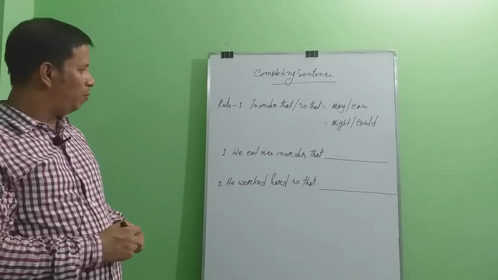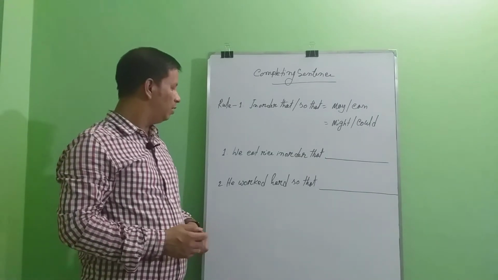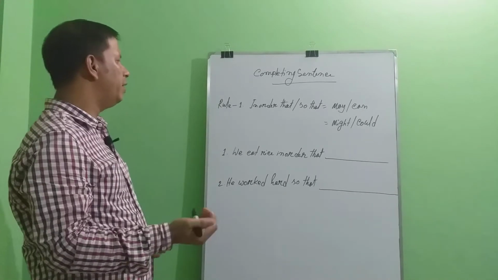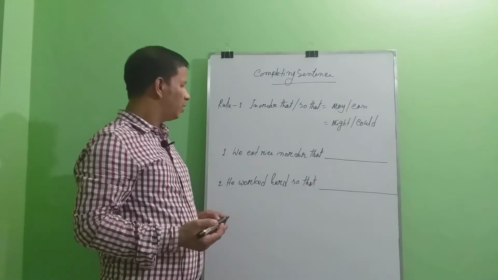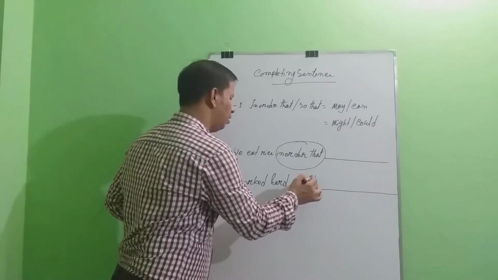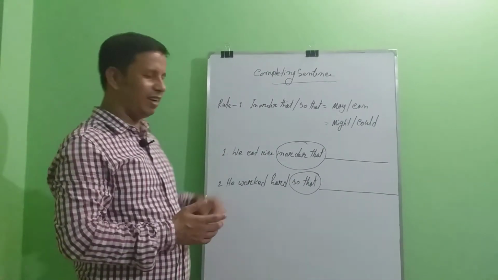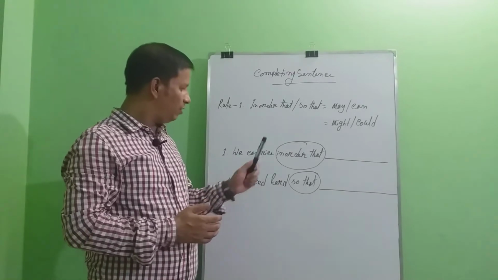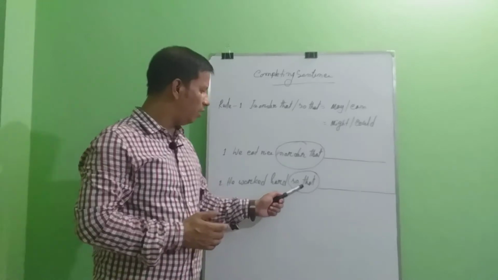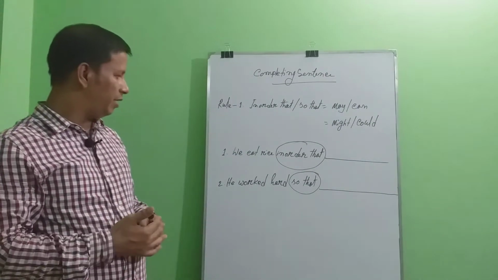So students, to complete these sentences, you have to maintain a rule, and the rule will be: if you see in order that or so that in an incomplete sentence, first of all, I would like to tell you that in order that and so that both give the same meaning.